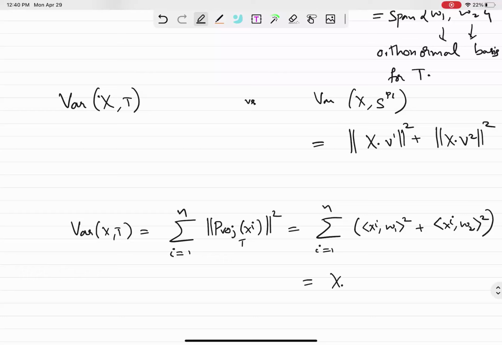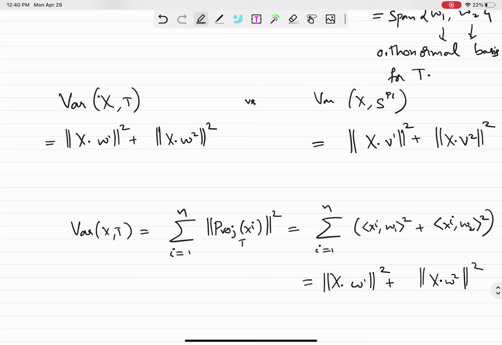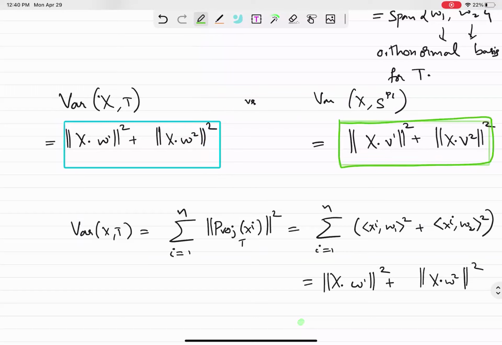Which is once again... okay, so we get two terms here again. So this is also going to be... all right. So we have to compare the blue box number to the green box number. Okay, how can I compare these two?